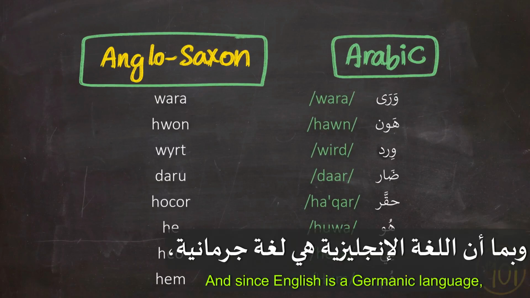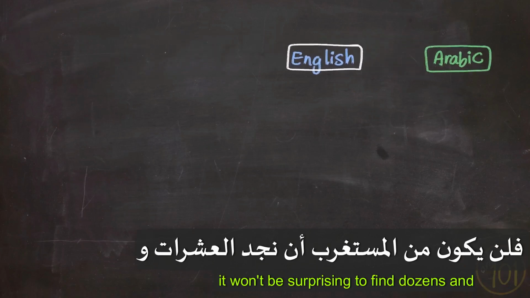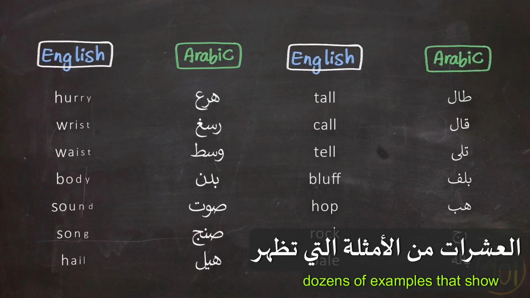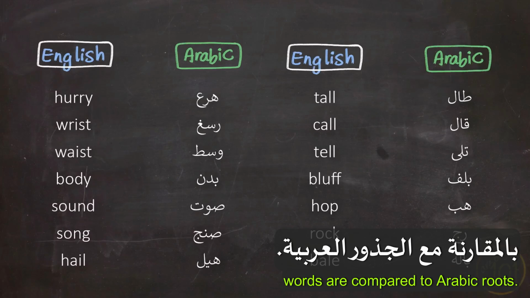And since English is a Germanic language, it won't be surprising to find dozens and dozens of examples that show you how similar the English words are compared to Arabic roots.